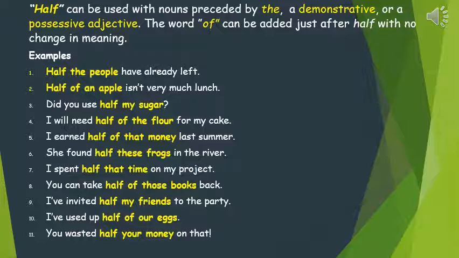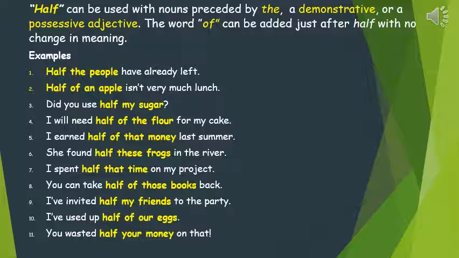Half can be used with nouns. ممكن نستخدم half قبل أسماء preceded by مسبوقة the definite article the or a demonstrative اسم إشارة or a possessive adjective أو صفة ملكية. The word of can be added just after half. ممكن نضيف of بعد كلمة half with no change in meaning بلا تغيير في المعنى.